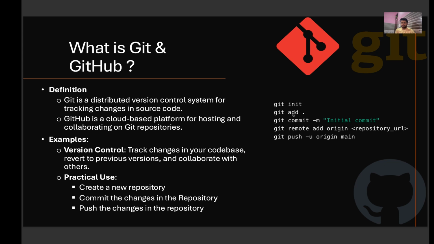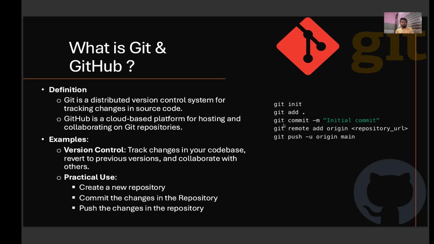This code is a basic example where we are creating a remote repository. git init initializes the repository in the particular working folder. git add . is used for adding the changes, whatever changes you have made to the files in that repository, and then committing that initial file.